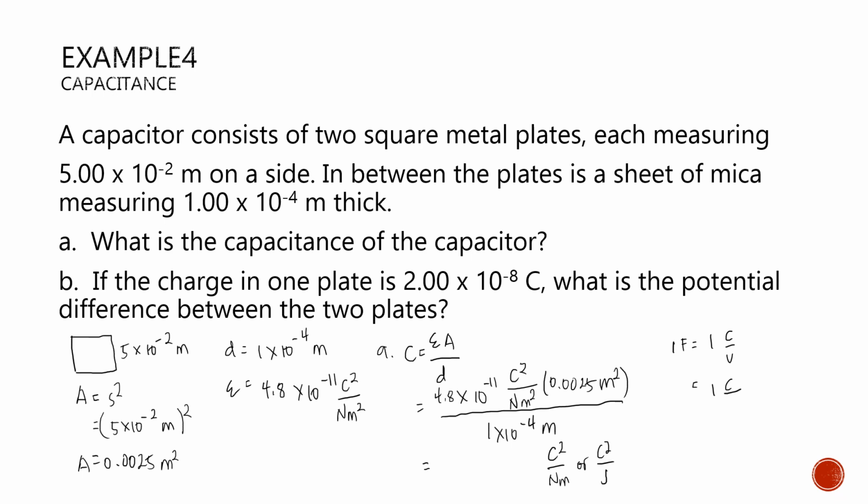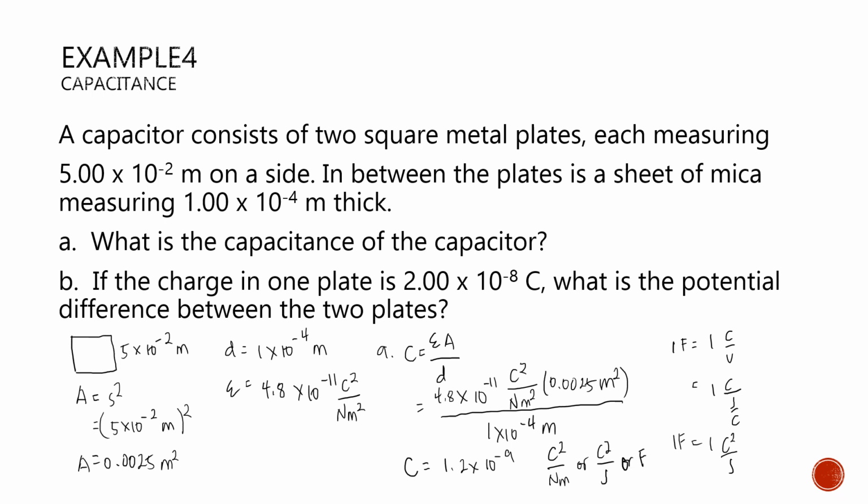So that's 1 coulomb squared per joule. All right, so we have the correct units. The capacitance is 1.2 times 10 to the negative 9 farads, or 1.2 nanofarad.